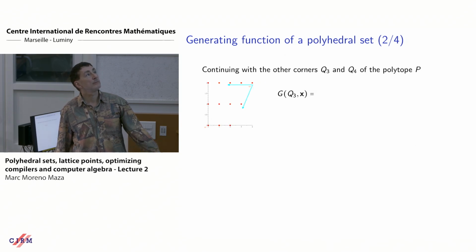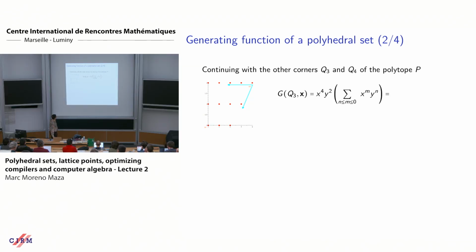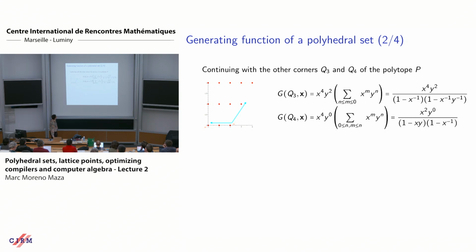Let's continue. Now the northeast corner, Q3, similar, doing some easy transformation. And finally, Q4, southeast. We compute our series, and then we apply the theorem of Michel Brion.